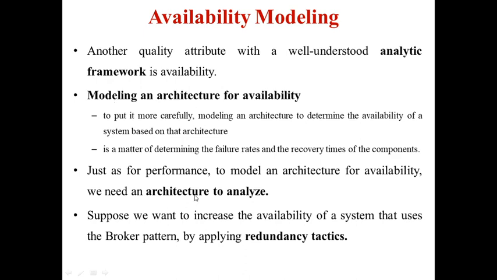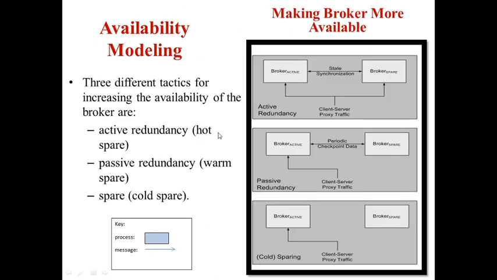The same way, as with the performance model, we need the architecture to analyze. Suppose we want to increase the availability of the system, the model has to be divided, the same tactics has to be applied again and again, that is called as redundancy tactics.